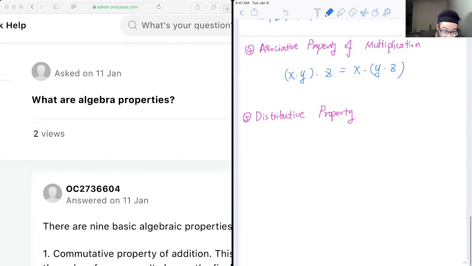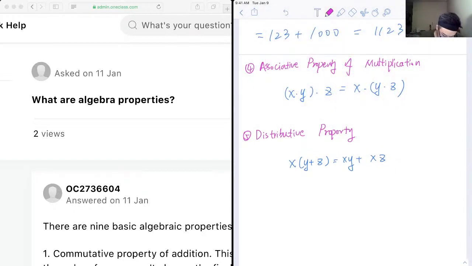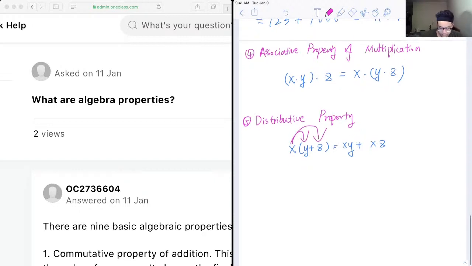So if we have x times the sum of y plus z, that is equal to xy plus xz, okay? So we are distributing x to y and to z.